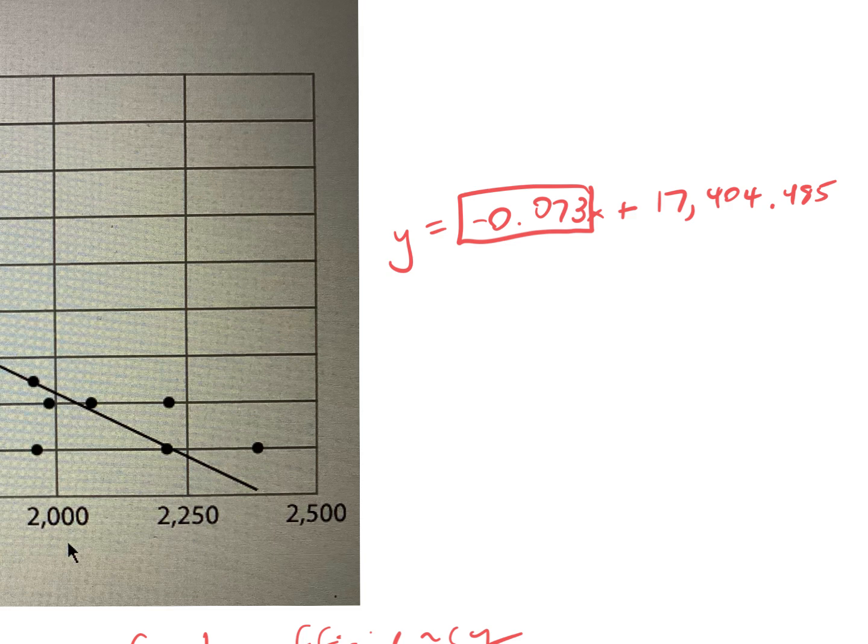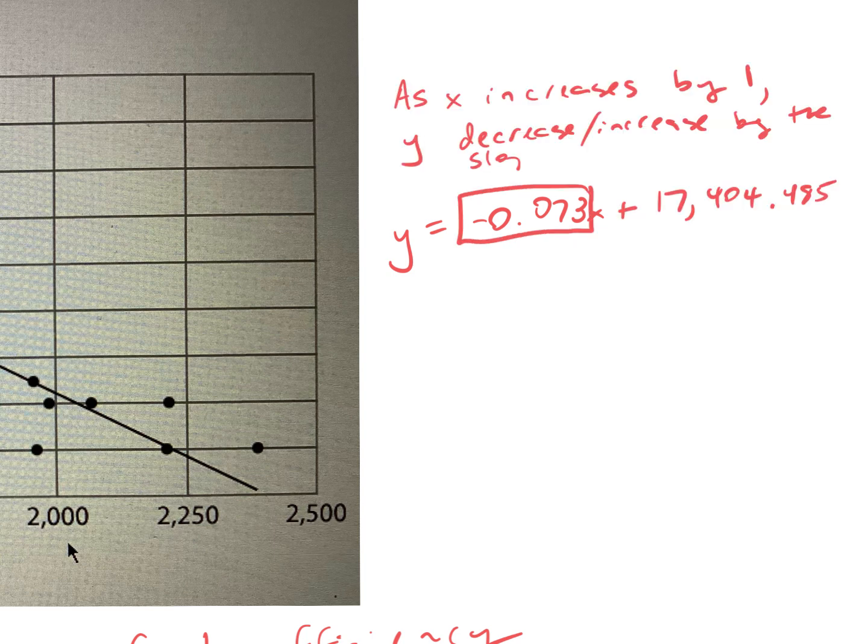Reminder, we always describe slope as: x increases by 1, y will either decrease or increase by the slope amount. And we don't want to just say x and y, we want to connect it back to the situation. This situation was talking about mileage and price.